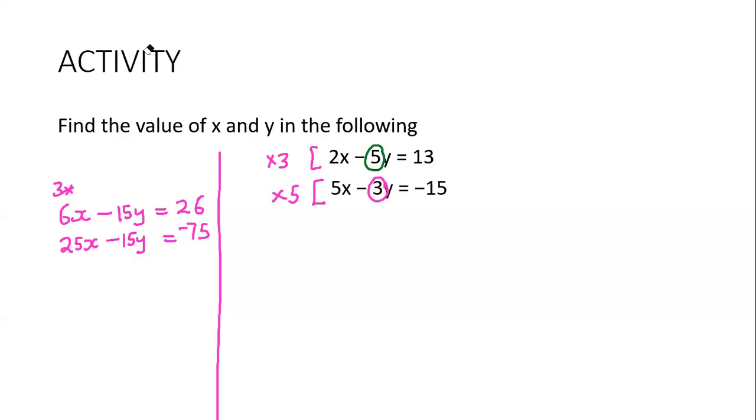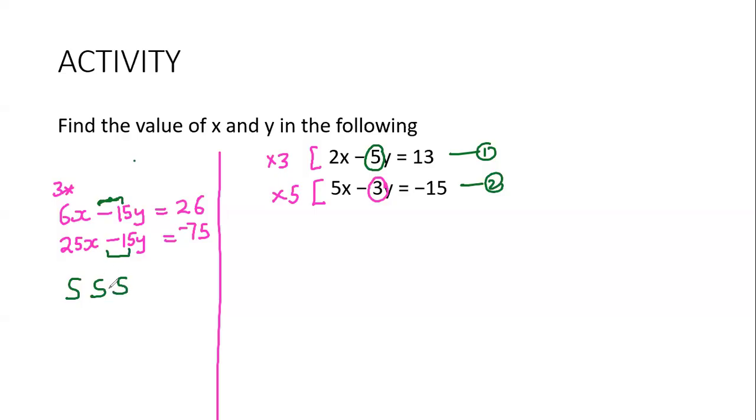After obtaining that, the next thing is to check the signs. This is negative, and the second equation is also negative. Remember, this is your equation 1, this is your equation 2. The equations we have formed have the same sign, so we say that same signs we subtract.